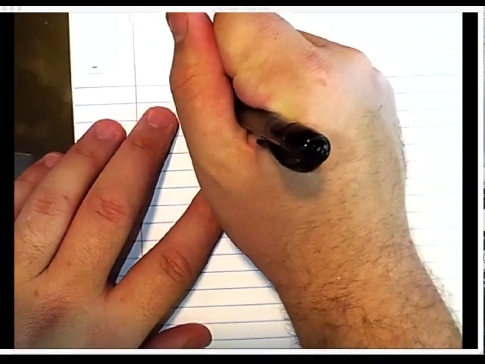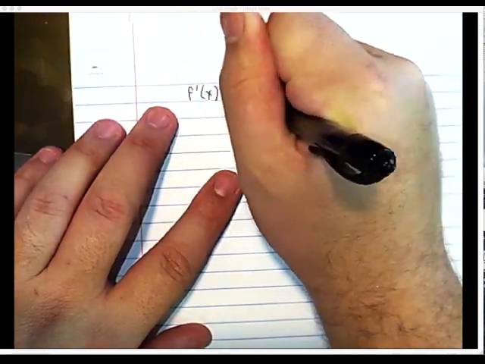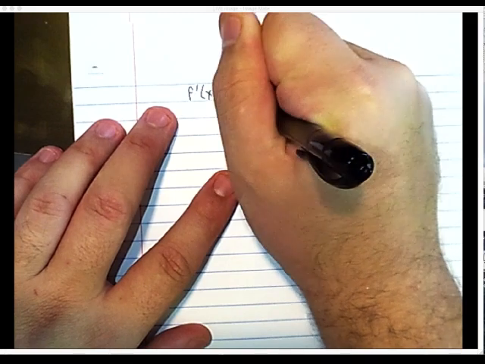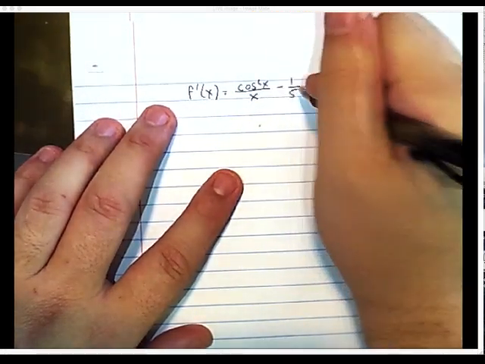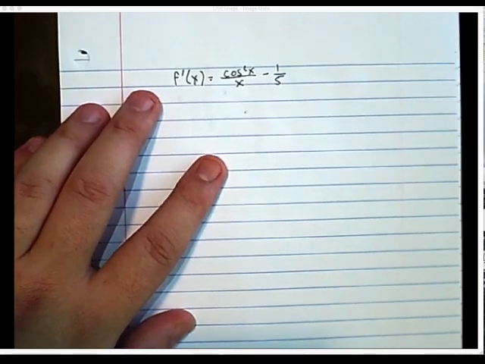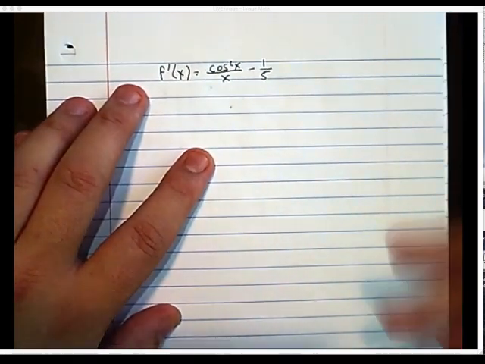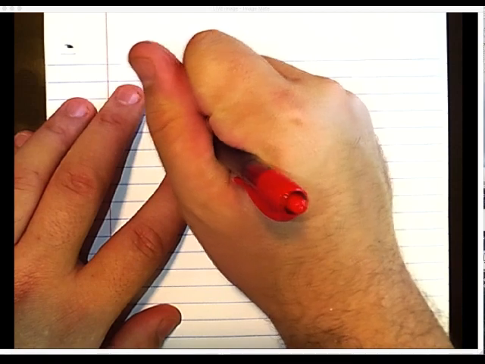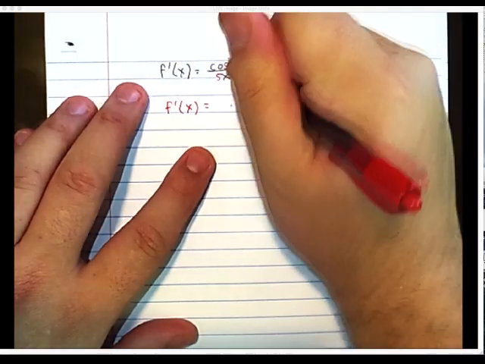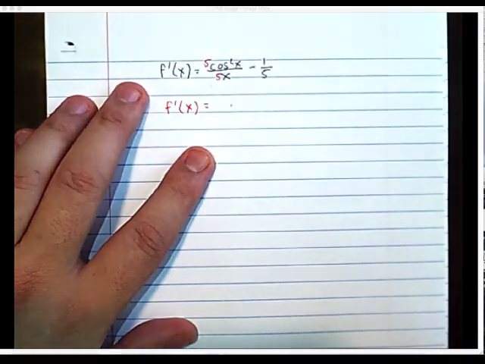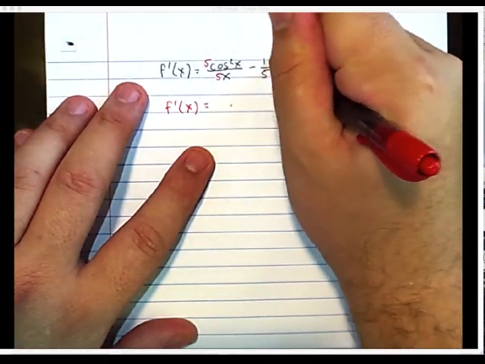So here's what it says. f prime of x equals cosine squared of x over x minus 1/5. I'm going to use a calculator, but before I do that, let me get a common denominator here. Let me put a 5 in front of there and an x there and there.